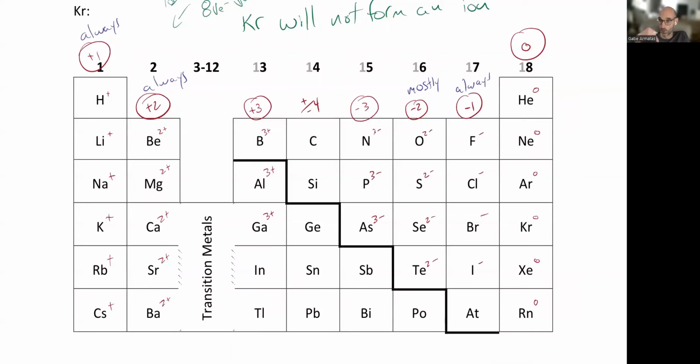As you get closer and closer to the staircase, things tend to change a little bit. Boron, these pretty much are always as well, but I'm going to say mostly because we have some indium and thallium and some other things. The point being is the ends are absolutely certain: +1, -1, +2. Oxygen -2 pretty much all the time. But as we get closer and closer to carbon, the ions are less and less certain.